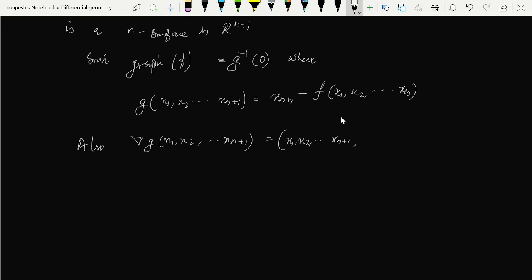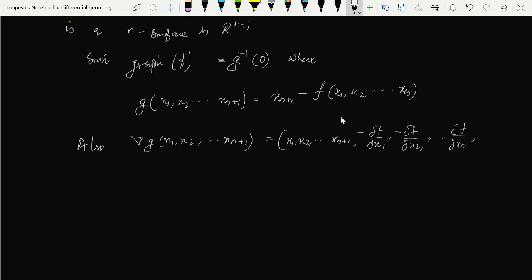So for the derivatives with respect to x1, partial derivatives only, it is minus dou f by dou x1, again minus dou f by dou x2, etc., up to minus dou f by dou xn.